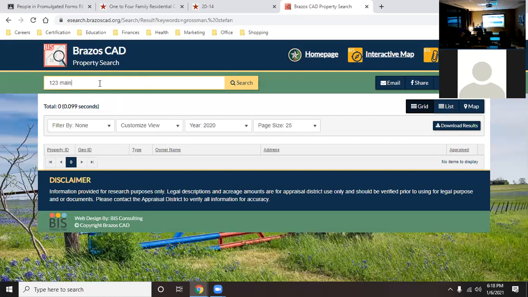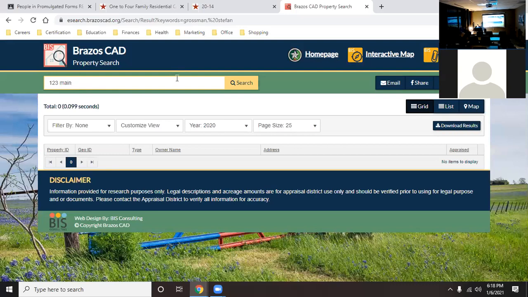So if you live on street, lane, culvert, court, circle, any of those things, you leave that out. You just put 123 Main, and that's it. Okay? If you put those other things, this is exactly what your result will look like. It will not show up at all.